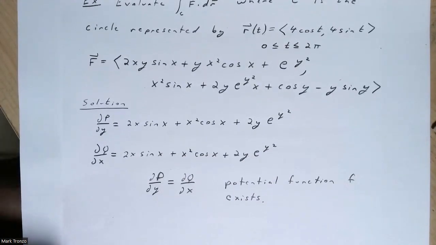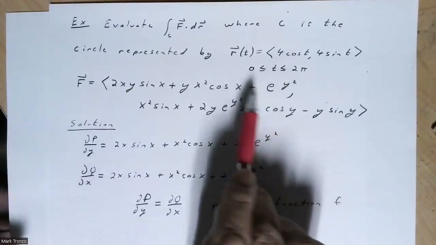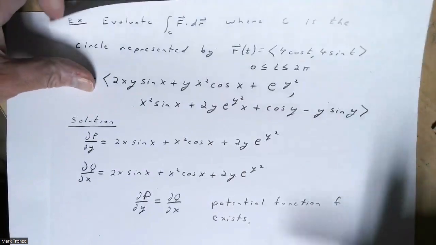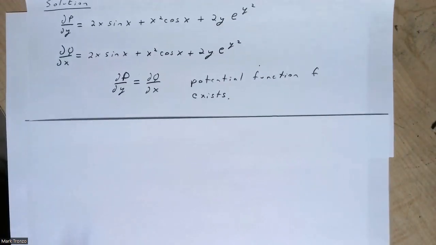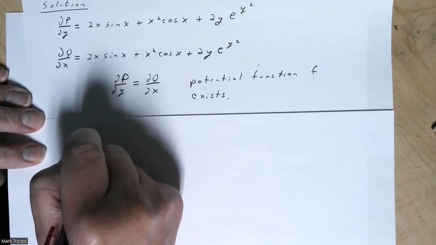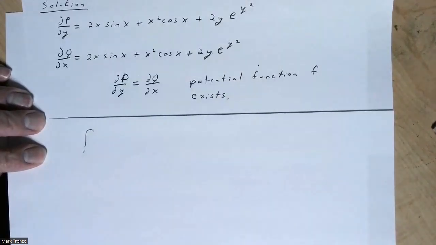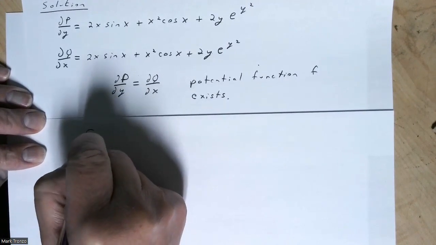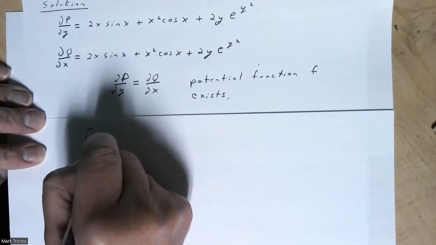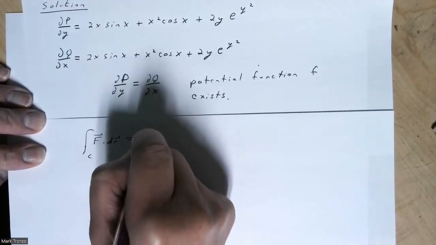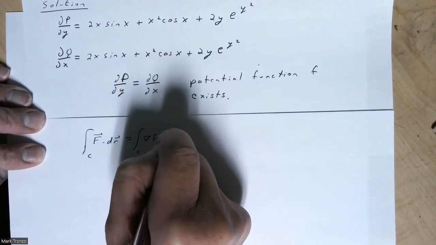But notice one thing very important. Our curve C is a circle. And so we might be able to save ourselves some time here. So if you think about the fundamental theorem, we're starting with this up here in this case, and we've got some gradient here.